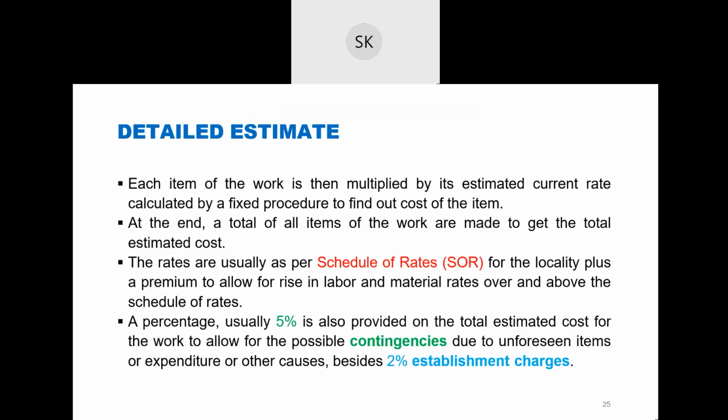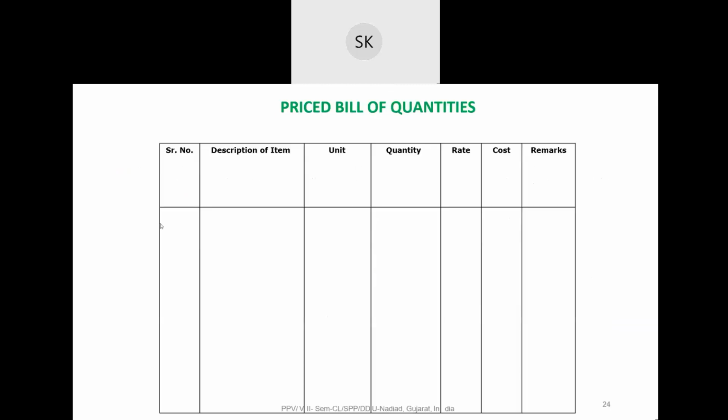So in detail estimate, each item of the work is multiplied by its estimated current rate, calculated by a fixed procedure to find out the cost. Basically, you find out the unit, how much quantity is required, and the rate.